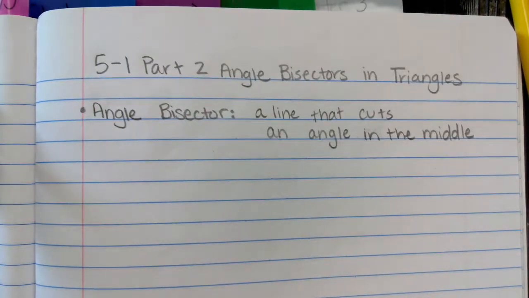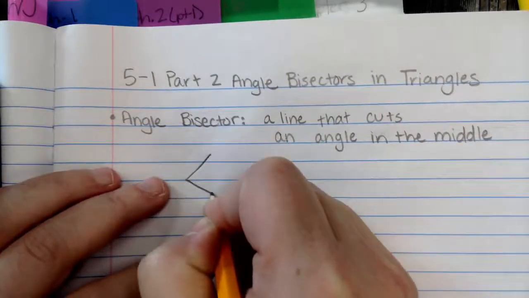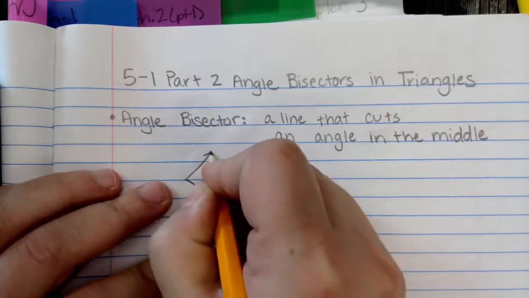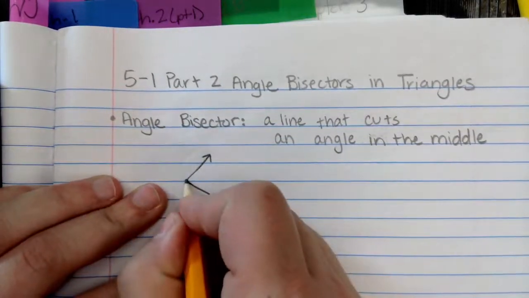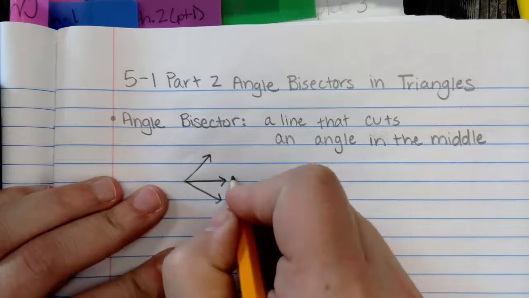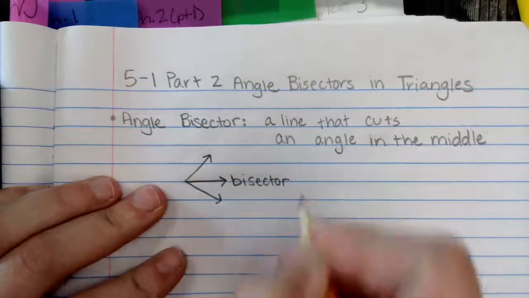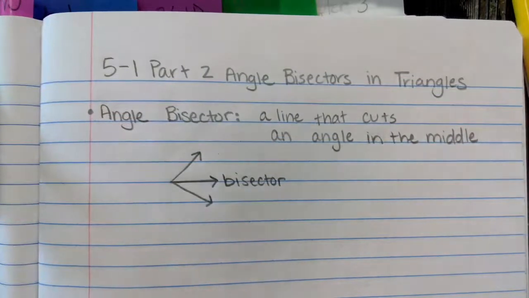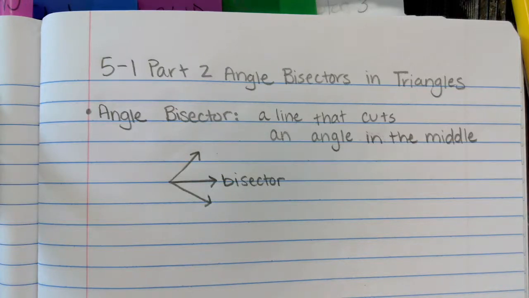Alright, so for example, if I have an angle bisector, that's going to cut this angle in half. So this is the bisector. And just like our warm-up, what do we know about the two smaller angles that are created then? They're congruent. And how do we show that two angles are congruent?